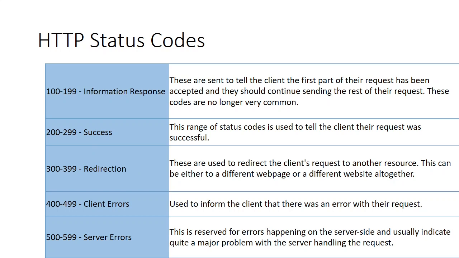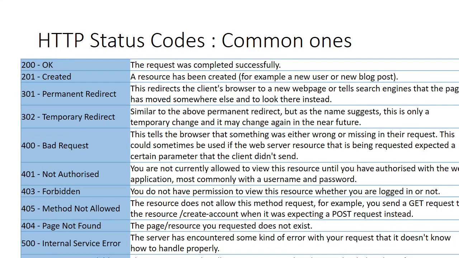This can be either to a different web page or a different website altogether. 400 to 499 is to inform the client that there was an error with the request, and 500 to 599 is reserved for errors happening on the server side, and it usually indicates quite a major problem with the server handling the request.